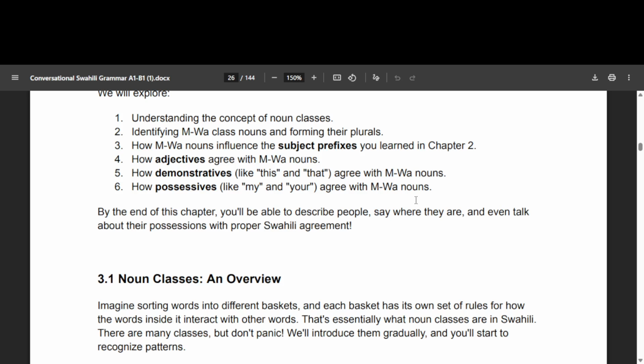By the end of this chapter, you will be able to describe people and animals, say where they are, and even talk about their possessions with proper Swahili agreement.